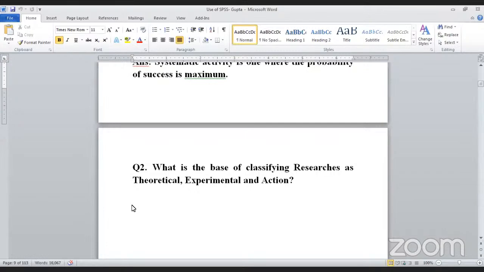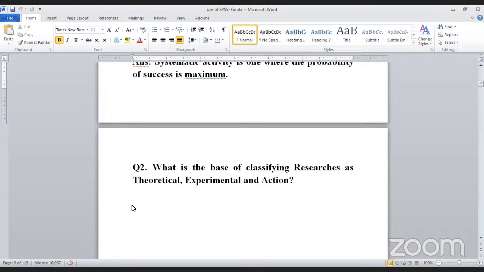Without that, it will be difficult for Indians to drive. So therefore, experimental research has utility or applicability which is lesser than the theory.